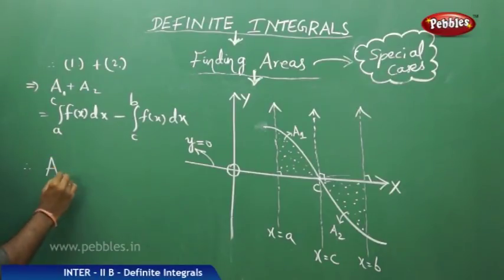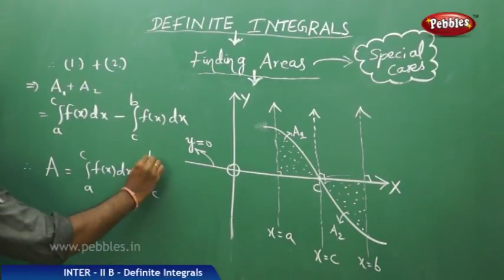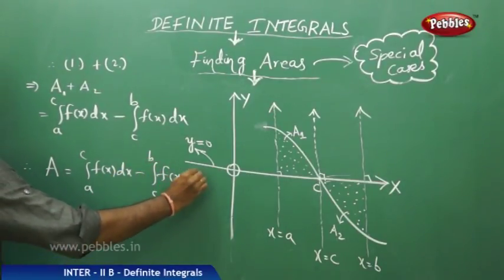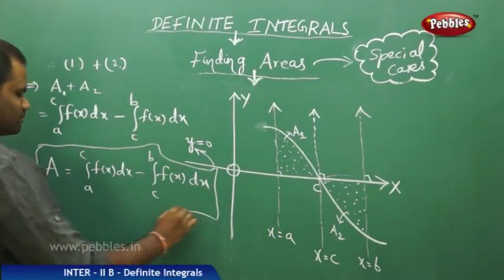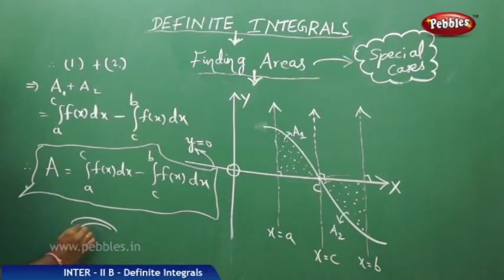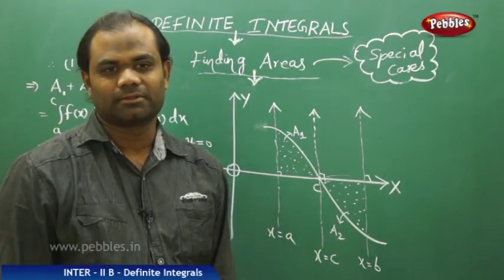Therefore, area is the integral from a to c minus the integral from c to b, which is how we identify the area using the integral concept.